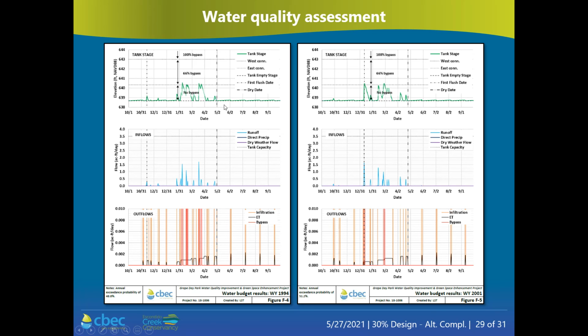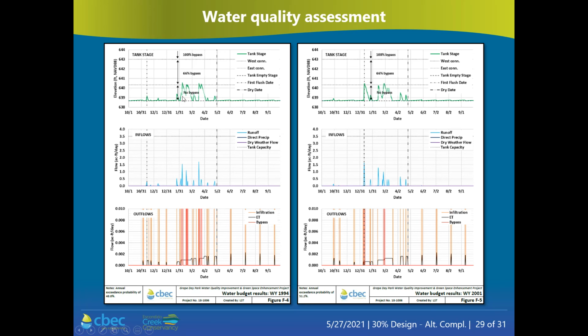So now that we've looked at what these graphs mean, we can take a step back and zoom out and think about what the results are telling us in terms of these different water year types. So we have water years 1994 and 2001 in this image. These are our median water years, around the 50th percentile for exceedance probability for accumulated annual precipitation.